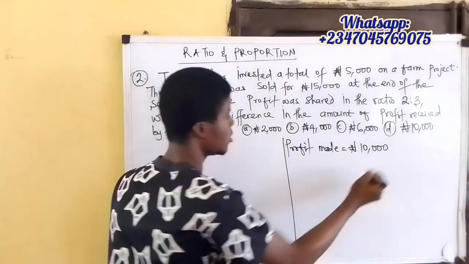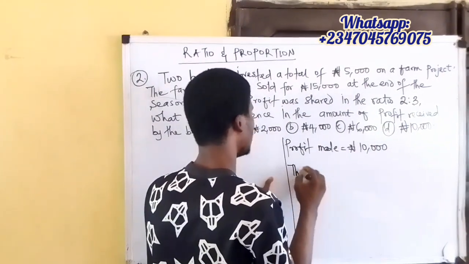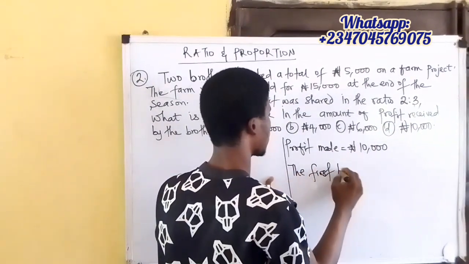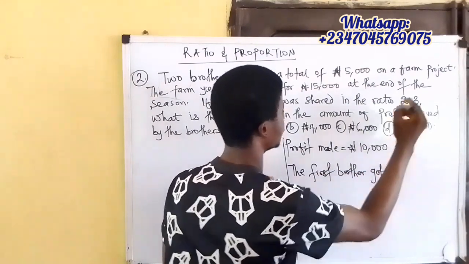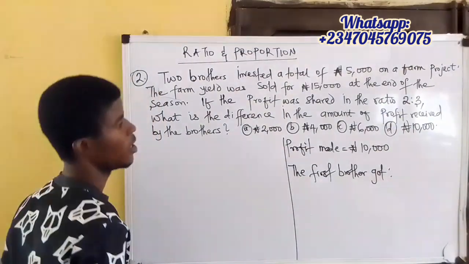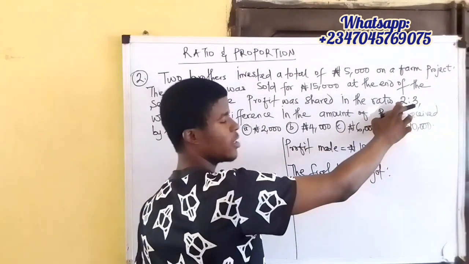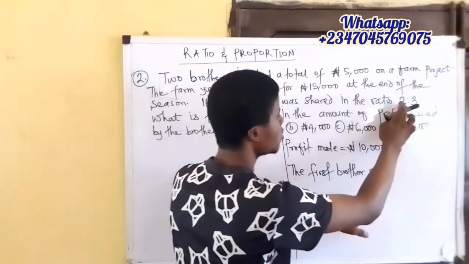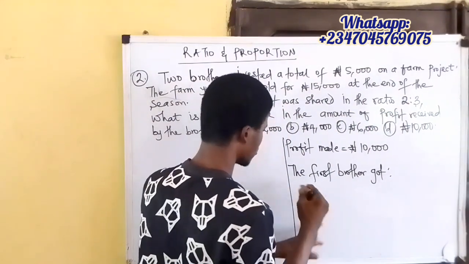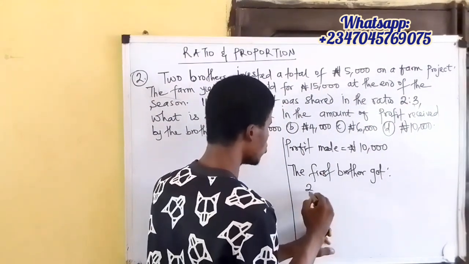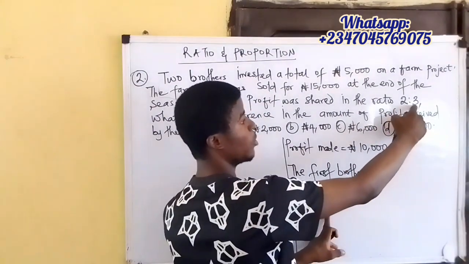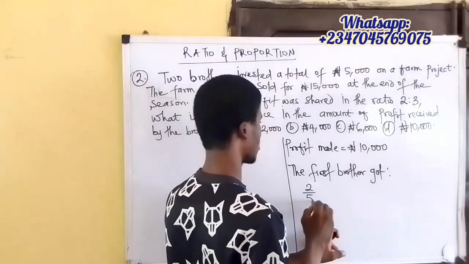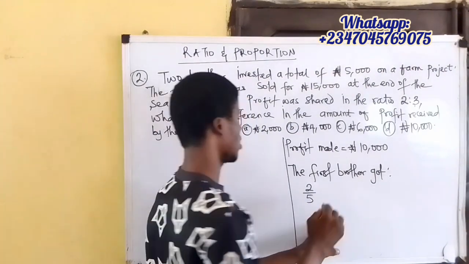So, let's say this first part is for the first brother. So the first brother got 2 over the total part. 2 plus 3 is 5. Remember what we did in question 1?